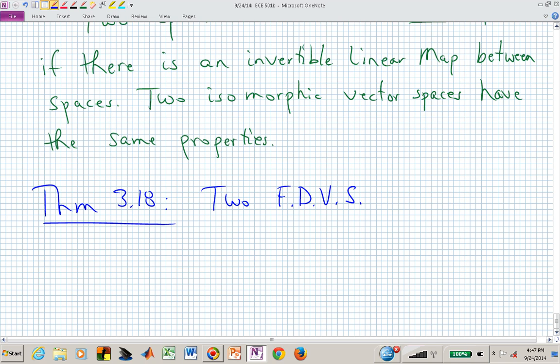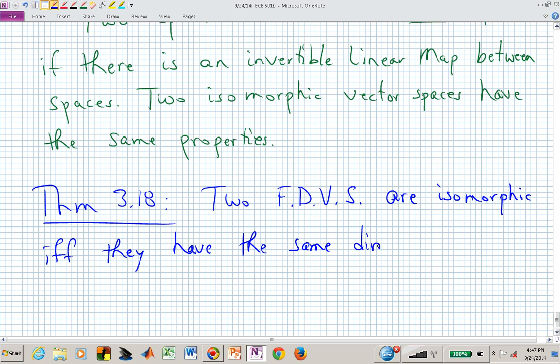So two finite dimensional vector spaces are isomorphic if and only if they have the same dimension.